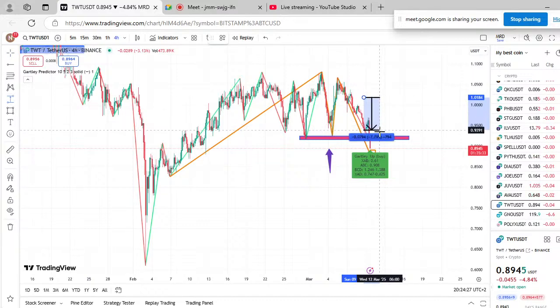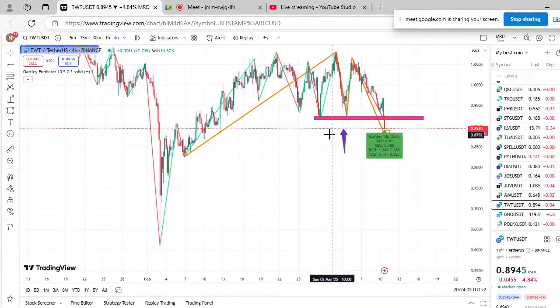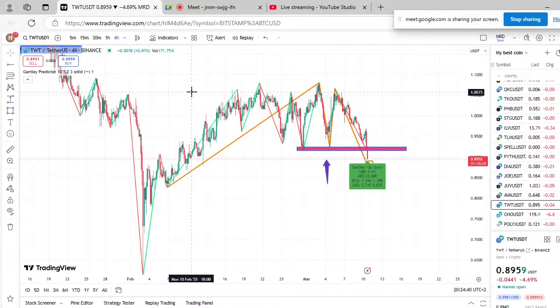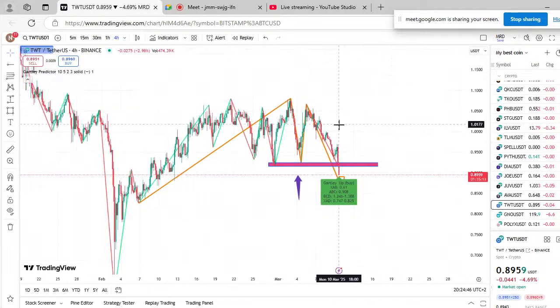If I was trading this coin, this could be around 100%. You get the point? So this indicator is very intelligent, and it is a very amazing indicator that can show you where the market is heading.